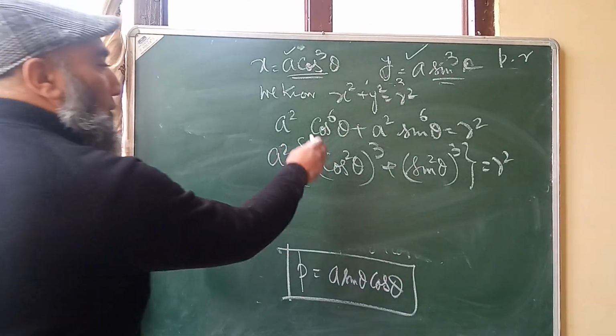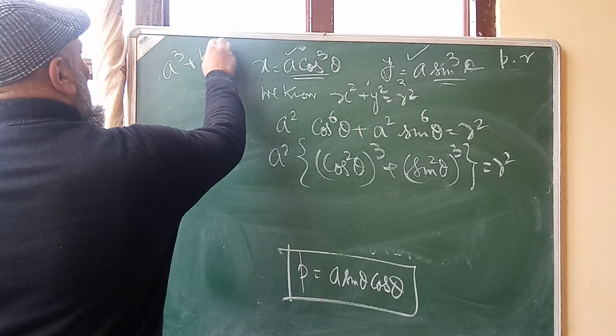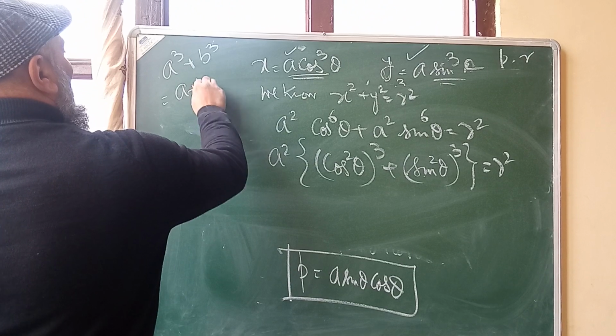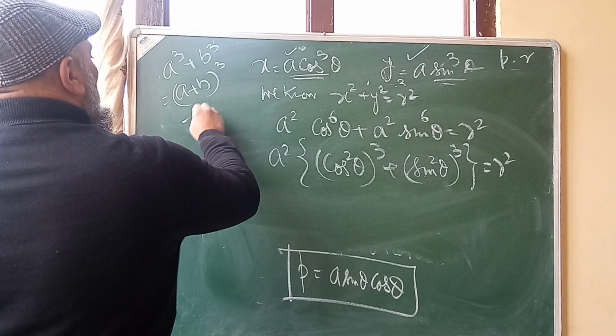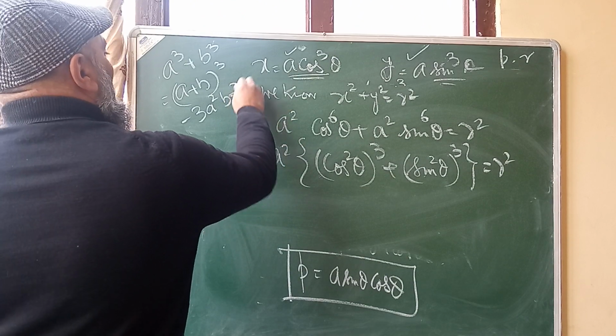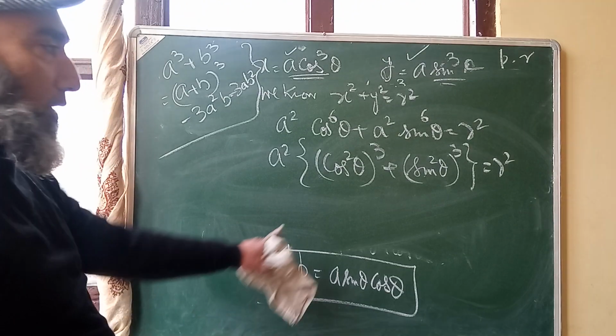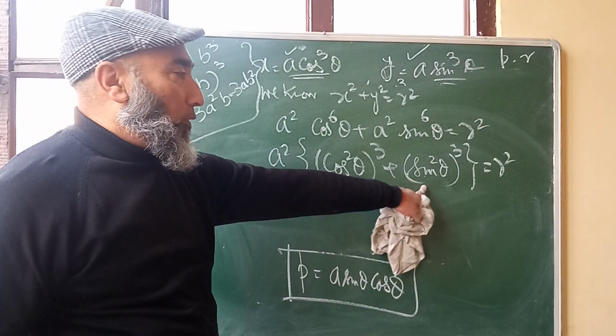Okay, now what is a cube plus b cube? A cube plus b cube, it is a plus b whole cube minus 3a square b minus 3ab square. You know this formula, I will be using this. This is your a cube, b cube.